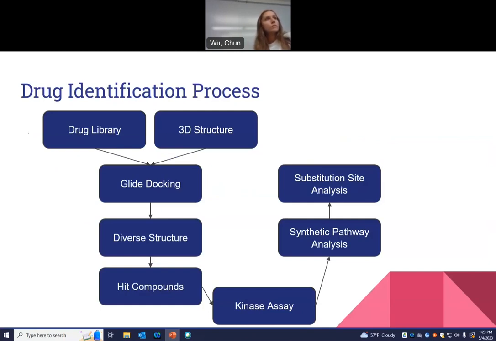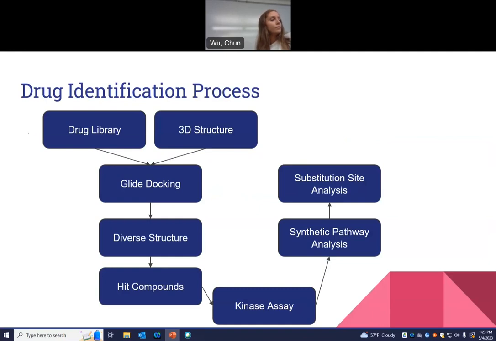For the top 100 compounds, we do clustering that gives us different scaffolds. Then we pick the hits, 5 different scaffolds, and do wet lab testing. The next two steps are actually a different way.